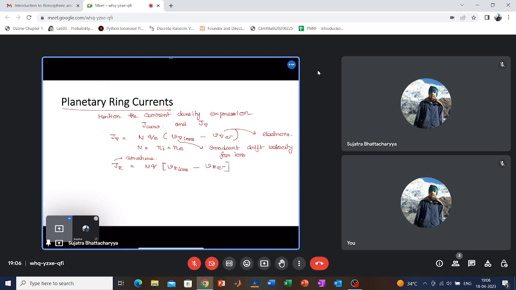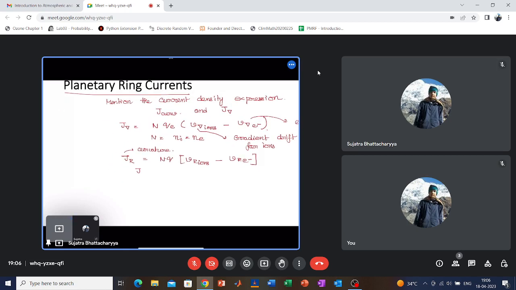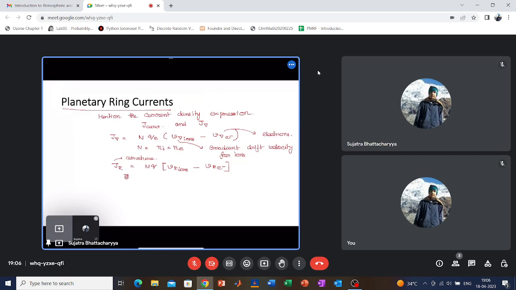Same expression. Now J gradient can be further written as N by B cube, with V grad of ions and V grad of electrons changed and the in-between parameters adjusted.